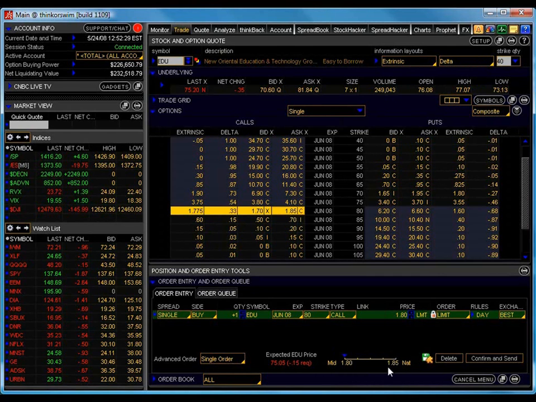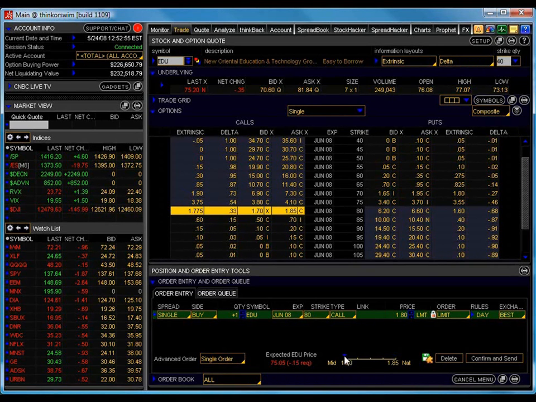You can also look at these prices as retail prices and wholesale prices. I look at the mid prices as wholesale prices, and the natural price is really the retail price of that option. If you didn't know anything and you didn't take this training, then you would always pay the natural price, the retail price, for those options.